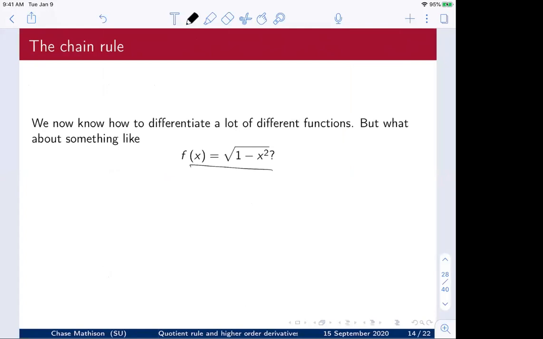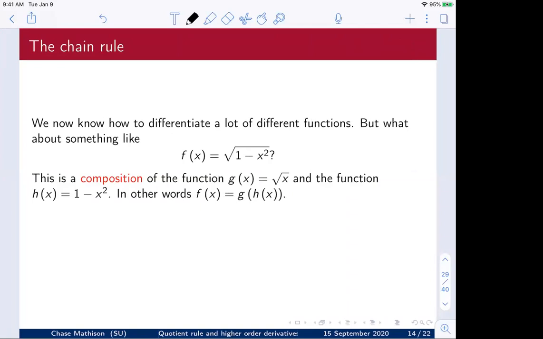It's heartbreakingly close to a function we do know how to differentiate. It almost looks like just a power rule derivative, but that 1 minus x squared is throwing everything off. If it was just x squared to the 1/2, we can do that, but we can't do this right now.